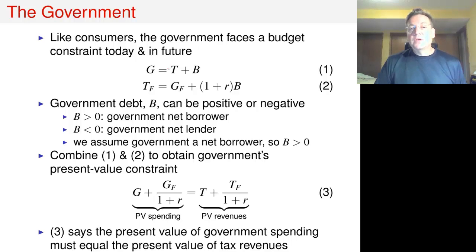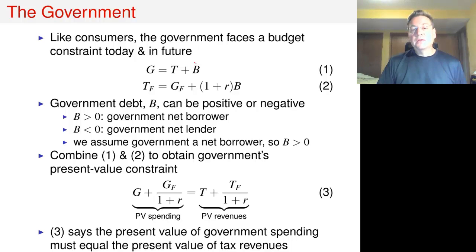now, because this economy lasts more than one period, the government has the possibility of borrowing. So if government spending exceeds taxes, then the government can sell debt. Now, again, remember, everything here is in units of goods.